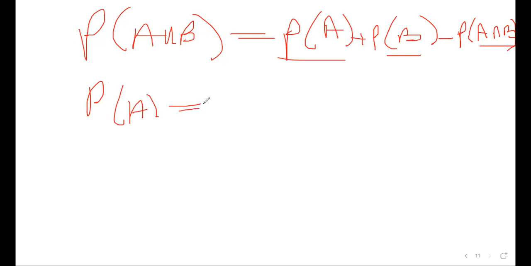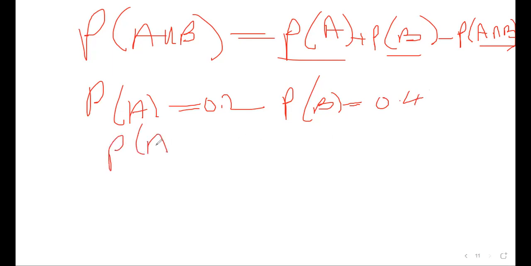Okay, so if the probability of A is 0.2, the probability of B is equal to 0.4, and the probability of A intersection B is 0.3, or maybe just make it 0.1.